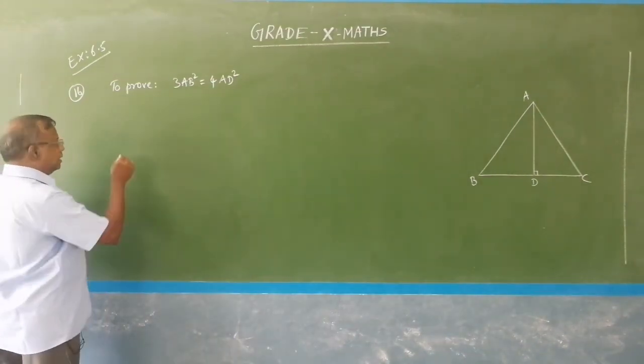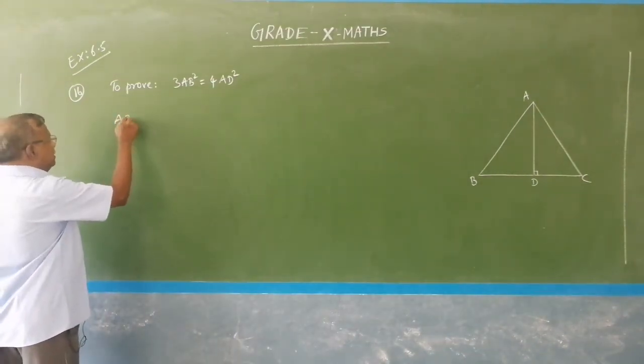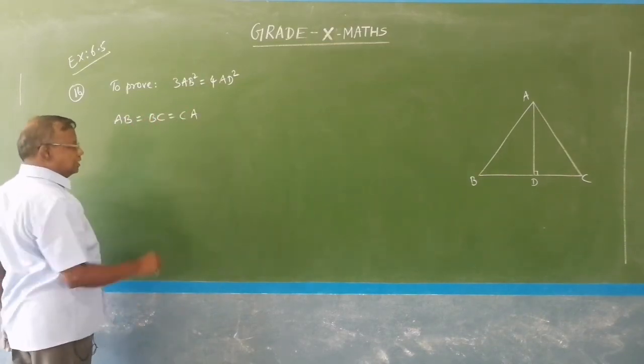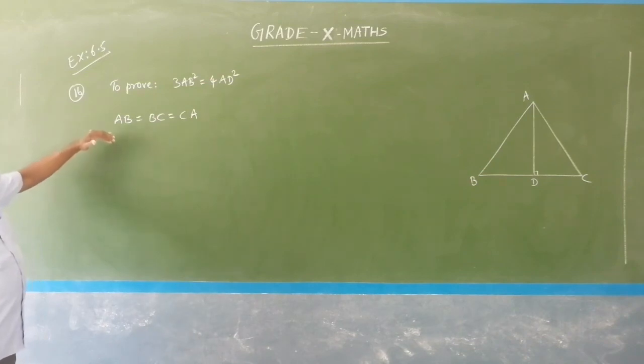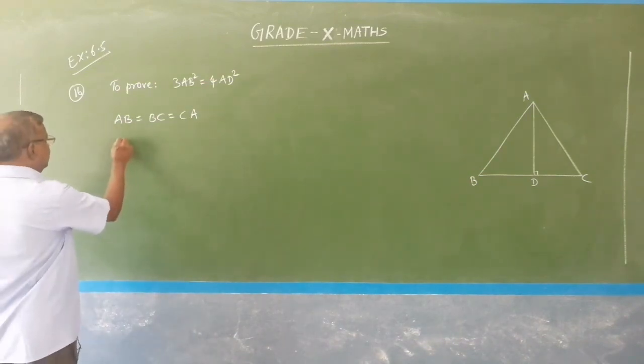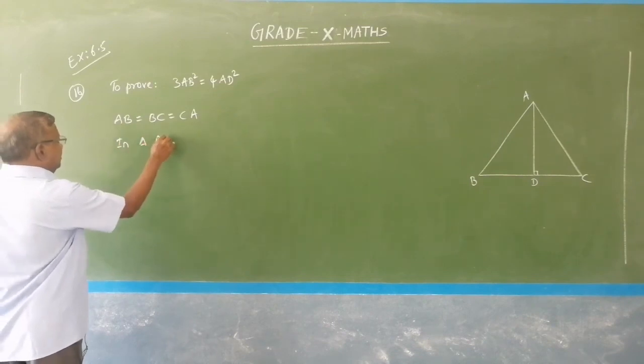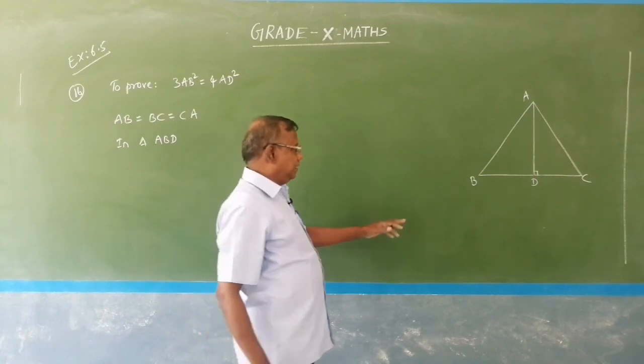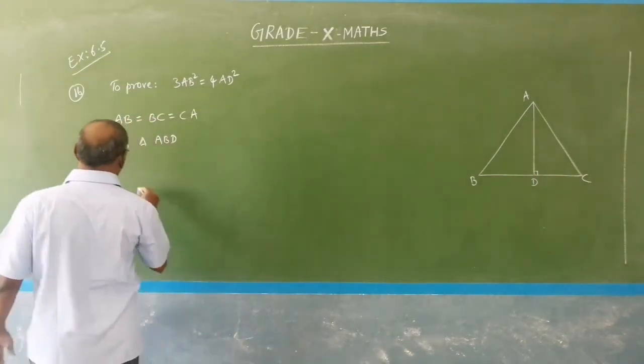ABC is an equilateral triangle, therefore the 3 sides are equal, that is AB equals BC equals CA. Now in triangle ABD, we know that AB square equals AD square plus BD square.